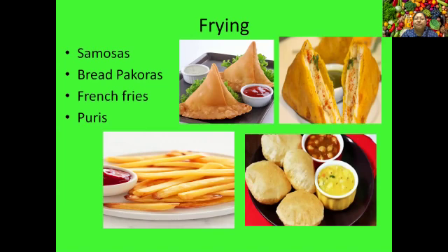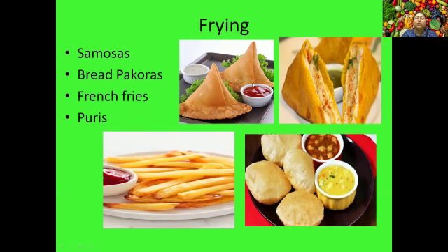Here you have frying. Now, what happens in frying is you take oil and you cook the food in the oil. But oil is not good for your health, so frying is not a good way of cooking food. The different food items which you can fry are samosas, bread pakoras, French fries, and puris.